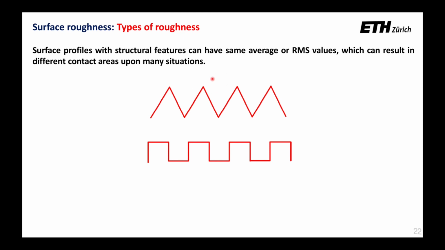But you can have surfaces which have the same RMS values but a different structure, and can effectively have different contact areas when you bring these two surfaces into contact. So these kinds of surfaces can be best described using slope or spacing parameters.